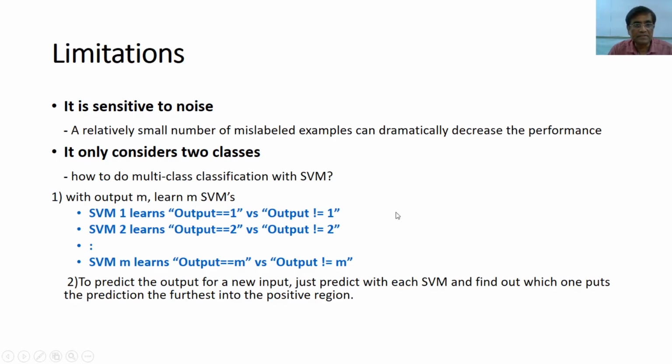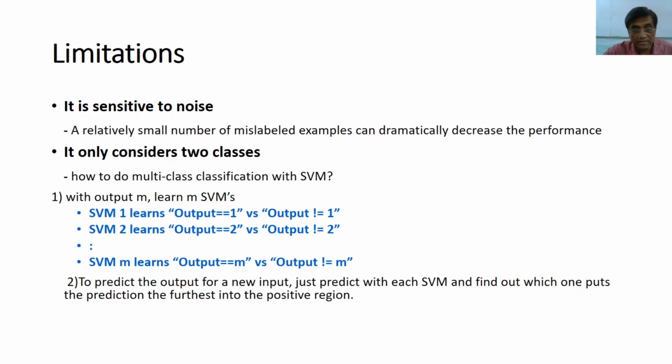And some limitations: well, it is sensitive to noise, yes. As you have seen, you can regularize, but there are limits. If samples are noisy, then its performance decreases drastically. And it's a binary classifier.